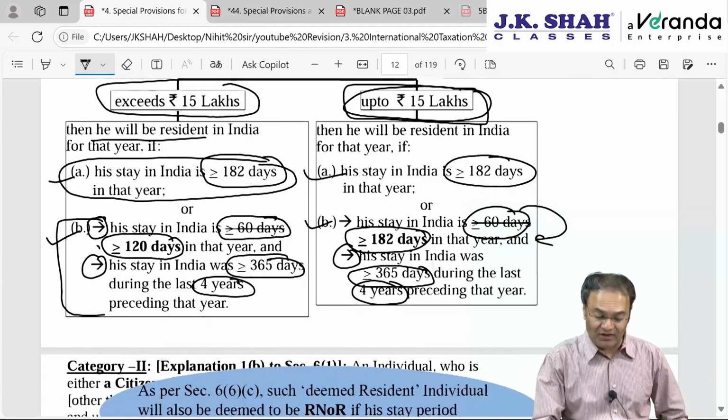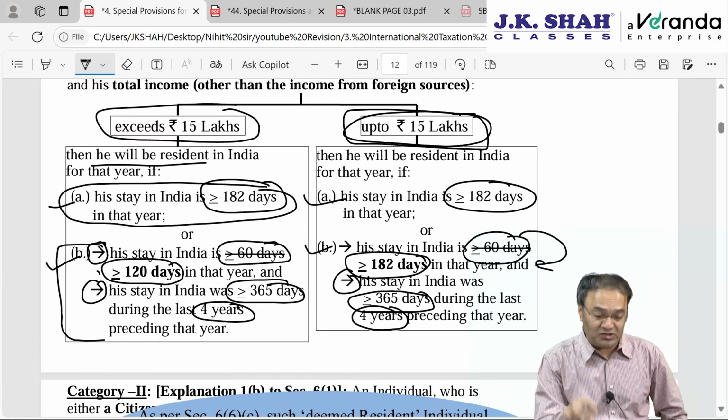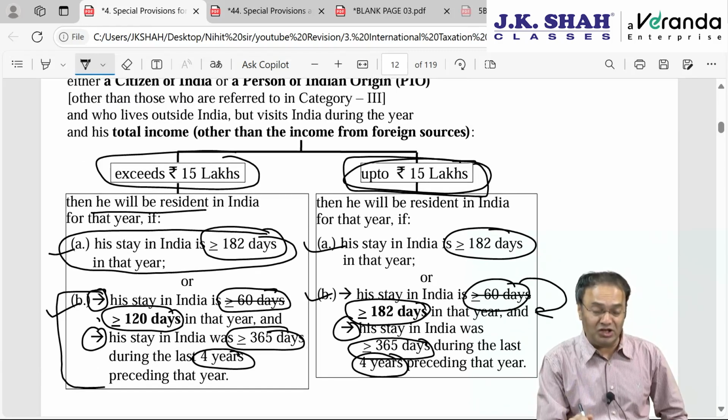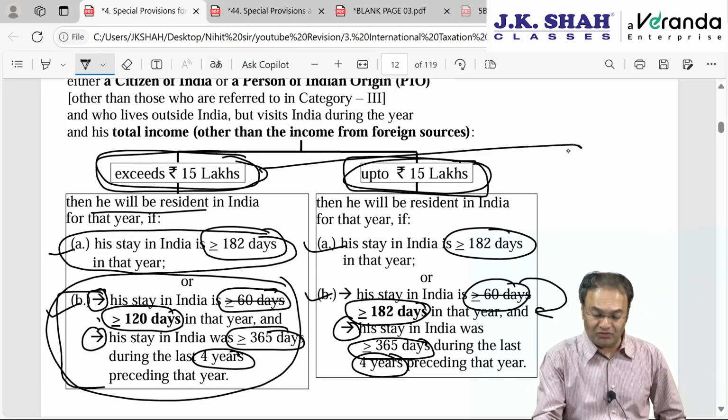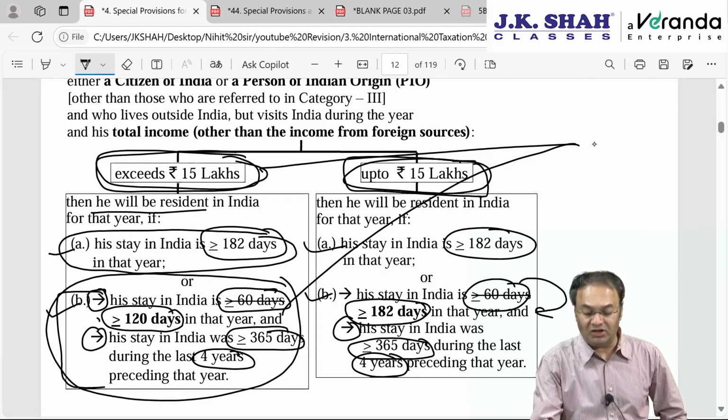And then there is a clarification that if this person becomes resident in India because of this second basic condition, which is to be read in conjunction with this point that Indian income exceeds 15 lakh, because of this he becomes a resident in India, then according to section 6 clause 6 subclause C, according to explanation 1 clause B, he is becoming a deemed resident.